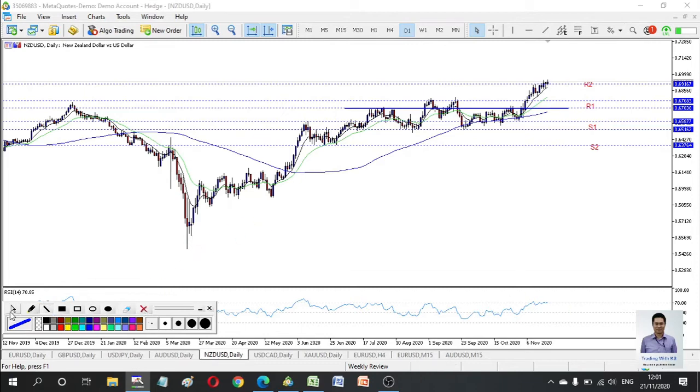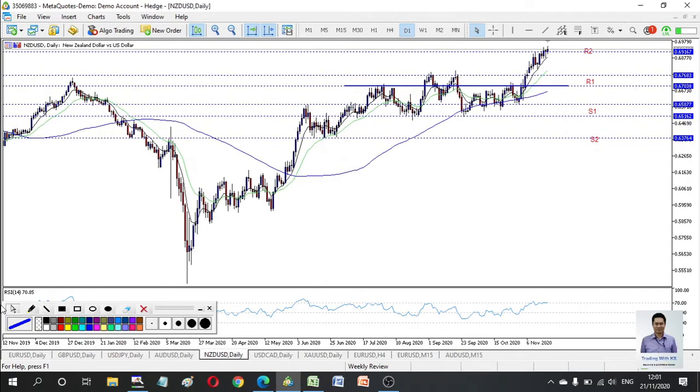And similar to other pairs, if the price comes down, tests this area and breaks down again, we expect a continuation of sideways again or a possible downtrend. So watch out for the retracement: bounce here, or break, or come up, retest and bounce. This is how the opportunity for us to trade the New Zealand dollar arises. Have to wait and see.